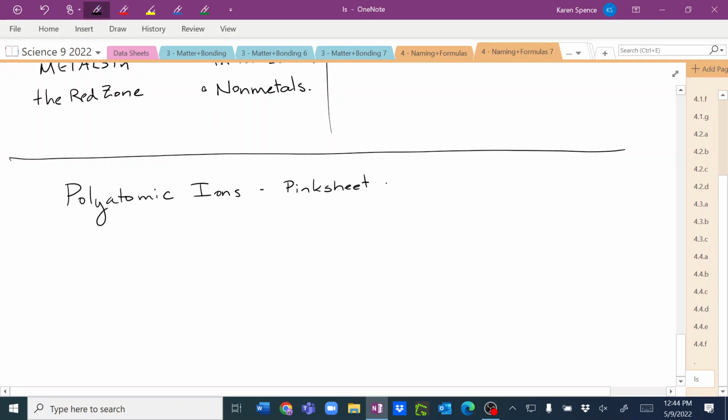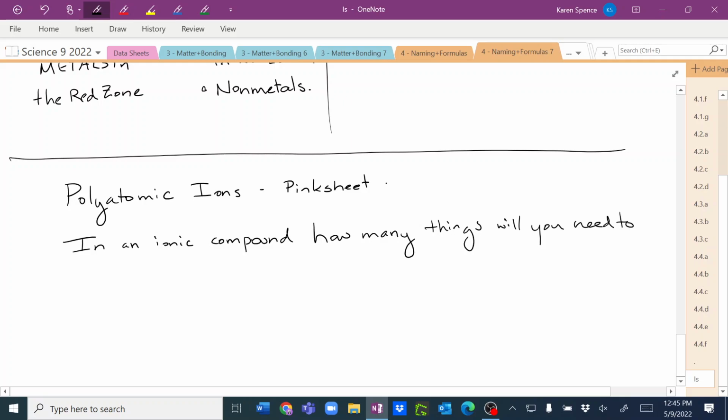In an ionic compound, how many things will you ever have to name, 3 or 4 things? You're going to need to name 2, because an ionic compound is made of a cation plus an anion.